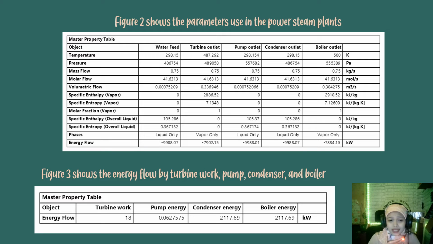As we can see in figure 3, which shows the energy flow by the turbine work, pump, condenser and boiler, we have successfully obtained the 18 kilowatts of work from the turbine by using the assumptions I mentioned in the previous part.